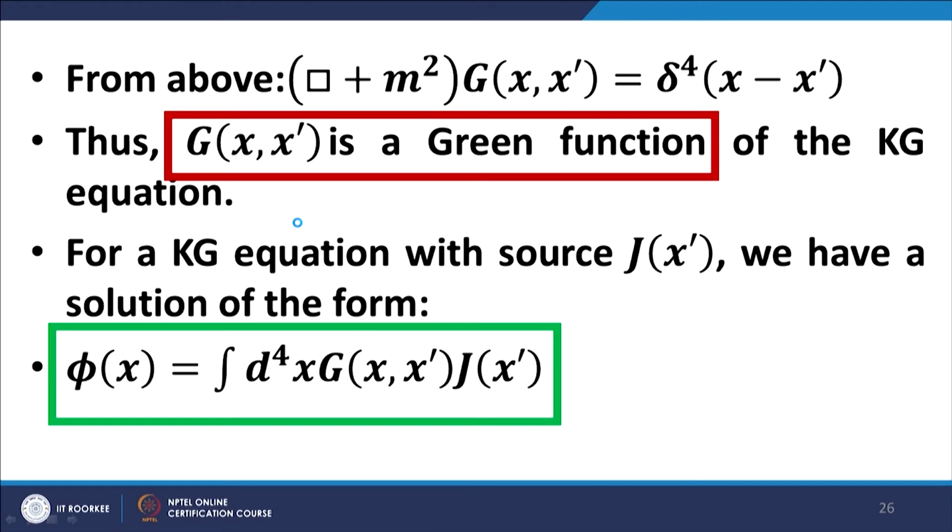Now, this clearly shows also that g x comma x dash is the green function of the Klein-Gordon operator, as I mentioned just now. For a Klein-Gordon field with a source j x dash at x dash, the solution can be obtained in terms of this green function and can be written in the form given in the green box here.